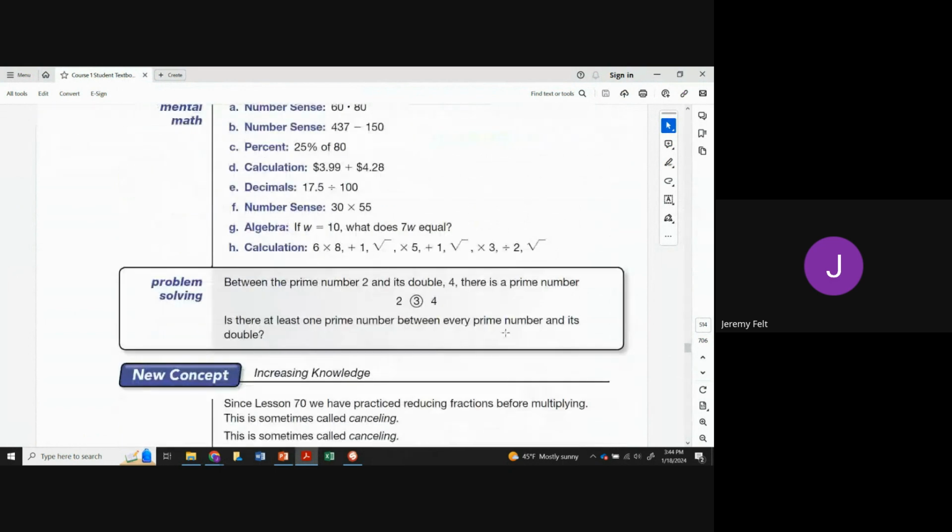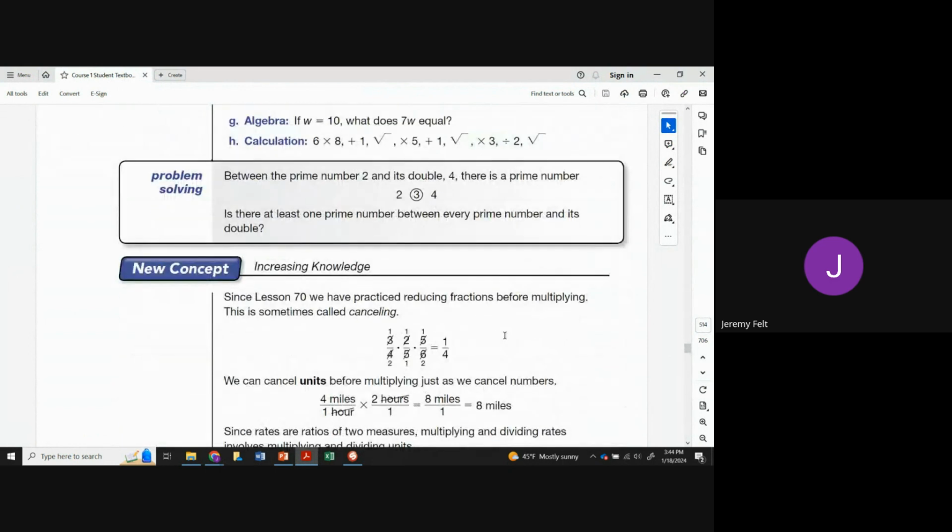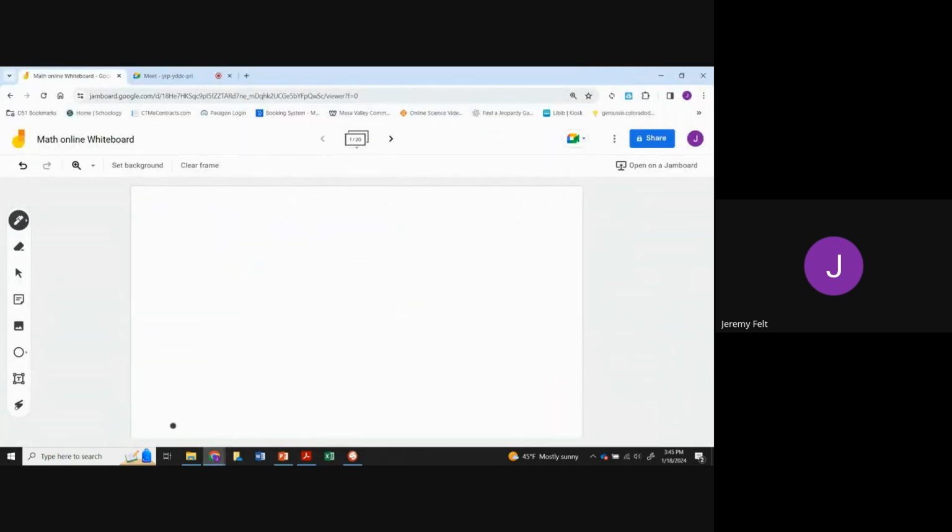Reducing rates before multiplying. This is really something that I've shown you all year just because it's the method I prefer. When we're multiplying things out, we could already reduce that.